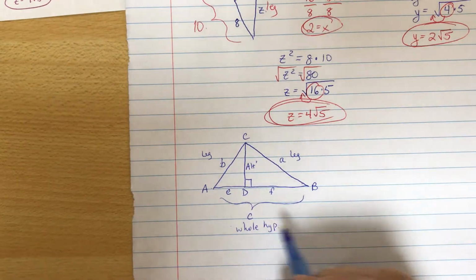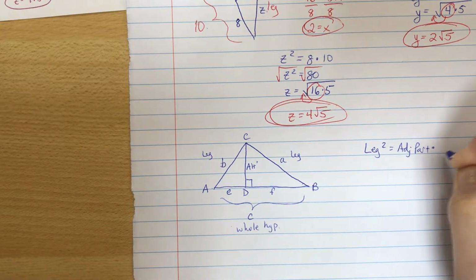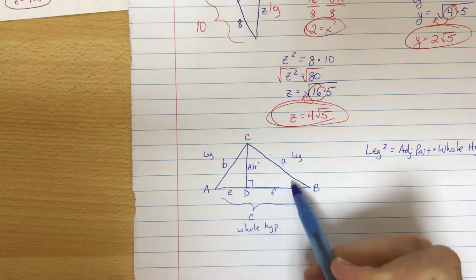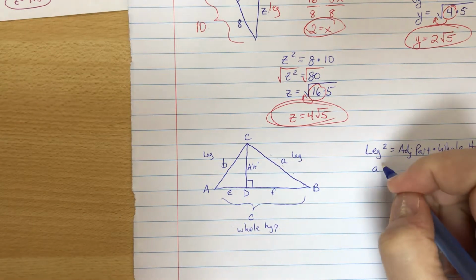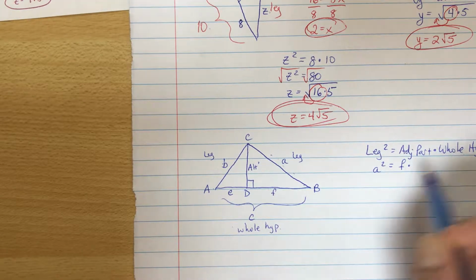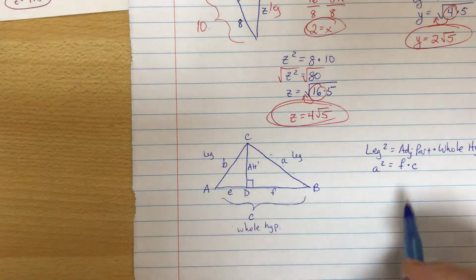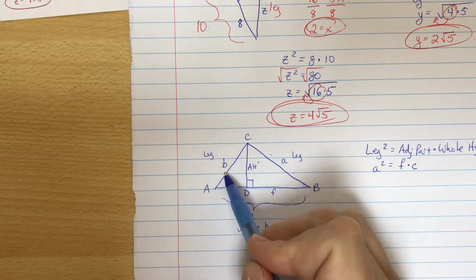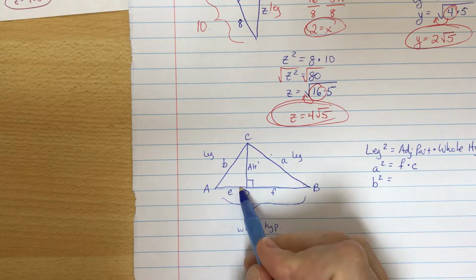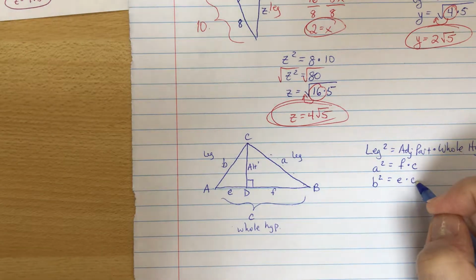If we did leg squared equals the adjacent part times the whole hypotenuse for A, A is a leg, little a squared equals the adjacent part, that's F, times the whole hypotenuse, which is C. What if we did that for the other leg, B squared? That would be the adjacent part, which is E, times the whole hypotenuse, which is C.